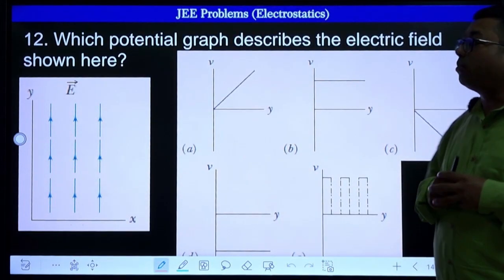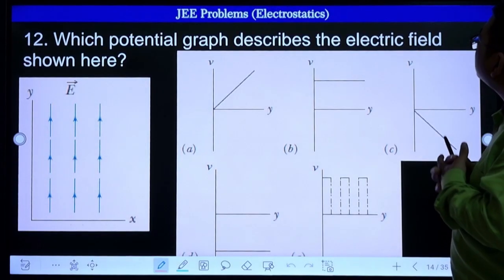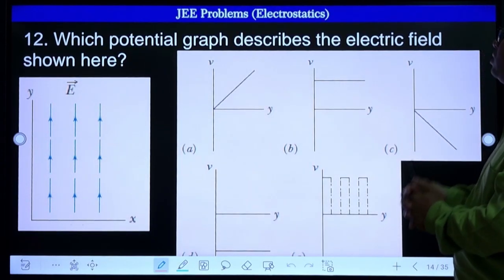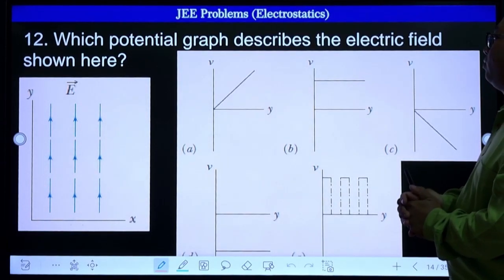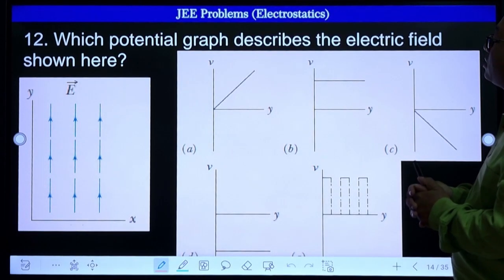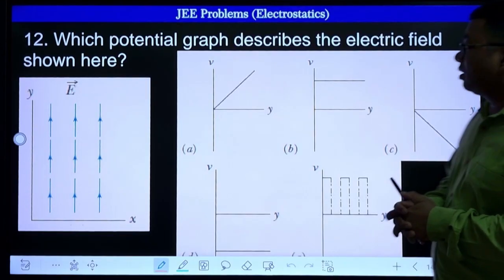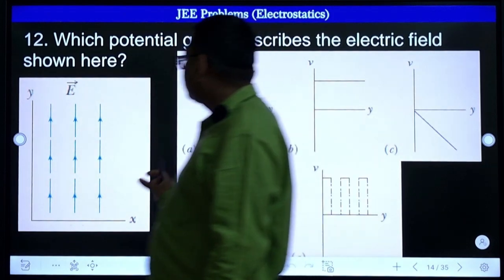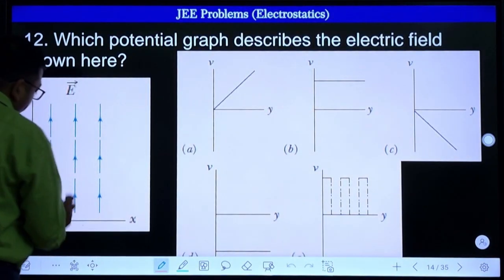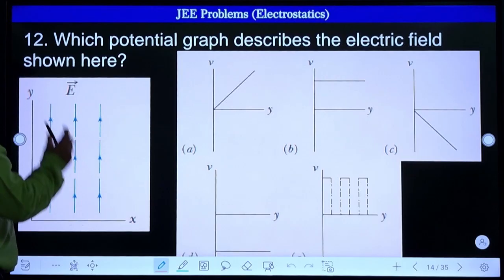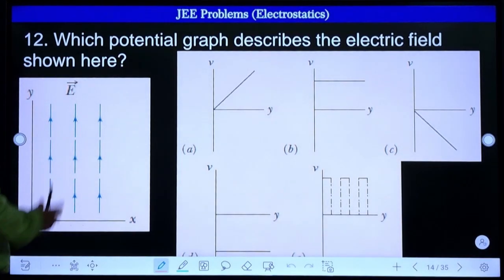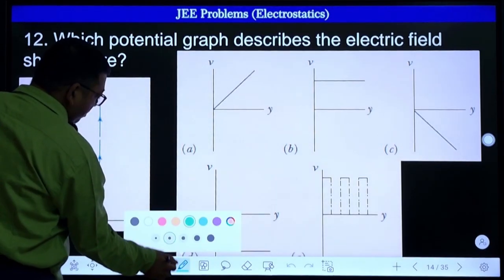Question number 12. Which potential graph describes the electric field shown here? Here there is a graph of electric field. You can see that the electric field has parallel field lines. If it is not visible, I will redraw that.